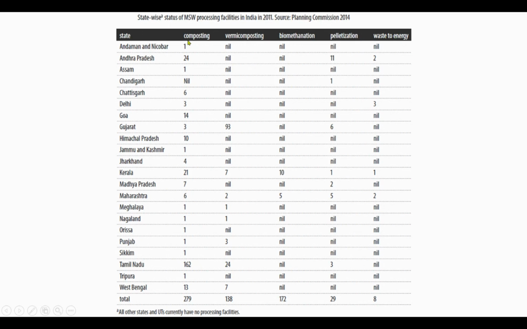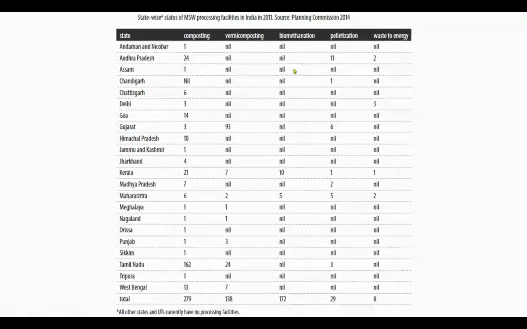So among all the things, what we are appreciating a lot is the waste to energy concept. In waste to energy, Andhra Pradesh, then Delhi, Jharkhand, Madhya Pradesh, Maharashtra, Gujarat and other states are also now progressing towards the waste to energy concept.